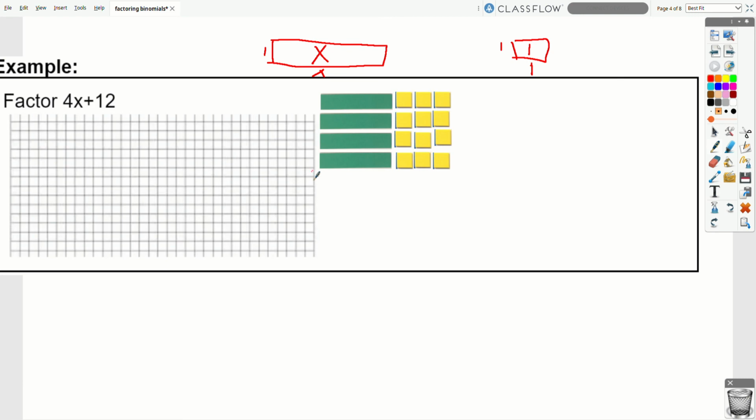This side right here is x. This is 1, 1, 1, so this is x plus 3. And then the height, remember each of these, 1, 1, 1, 1, is 1, 2, 3, 4. So that means 4x plus 12 factors into 4 times (x plus 3).